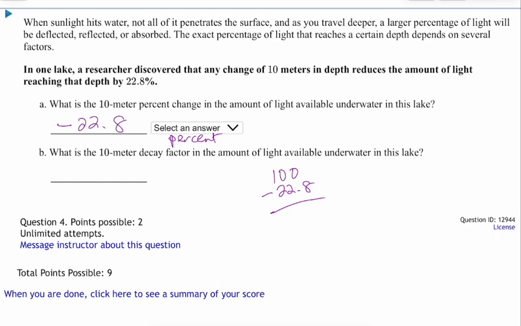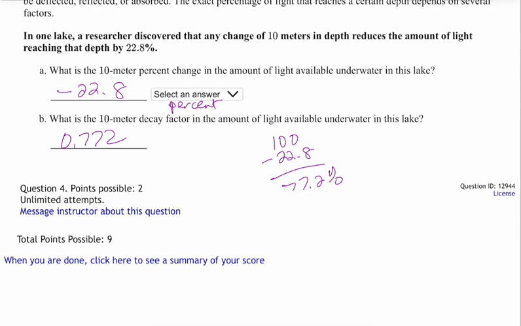Remember, it's a number between 0 and 1 in decimal form. 100 minus 22.8 is 77.2%. But we want to write that decay factor as a decimal, so that would be 0.772. So I believe that that is now done, which is awesome.